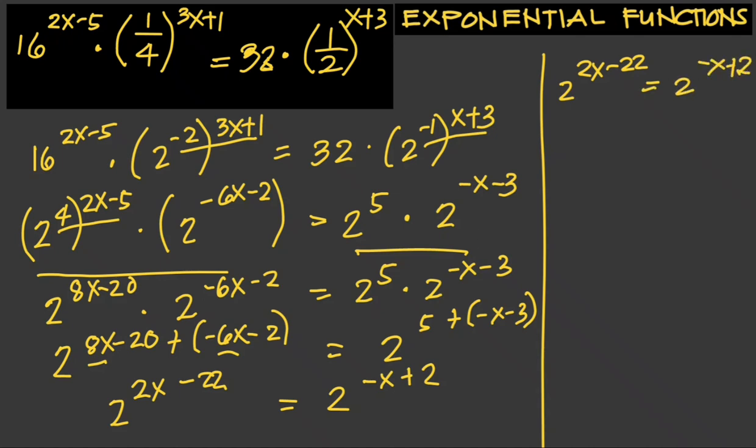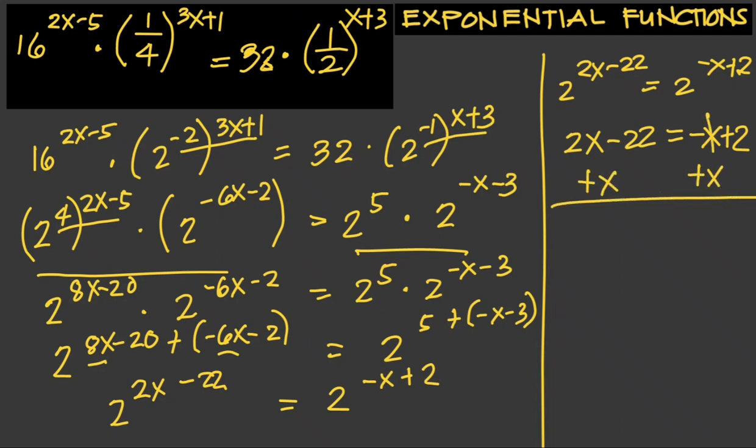Since both sides have the same base, we can just equate the exponents. It would be 2x minus 22 equals negative x plus 2. Then simplifying this one, we add x to both sides, so this cancels out.